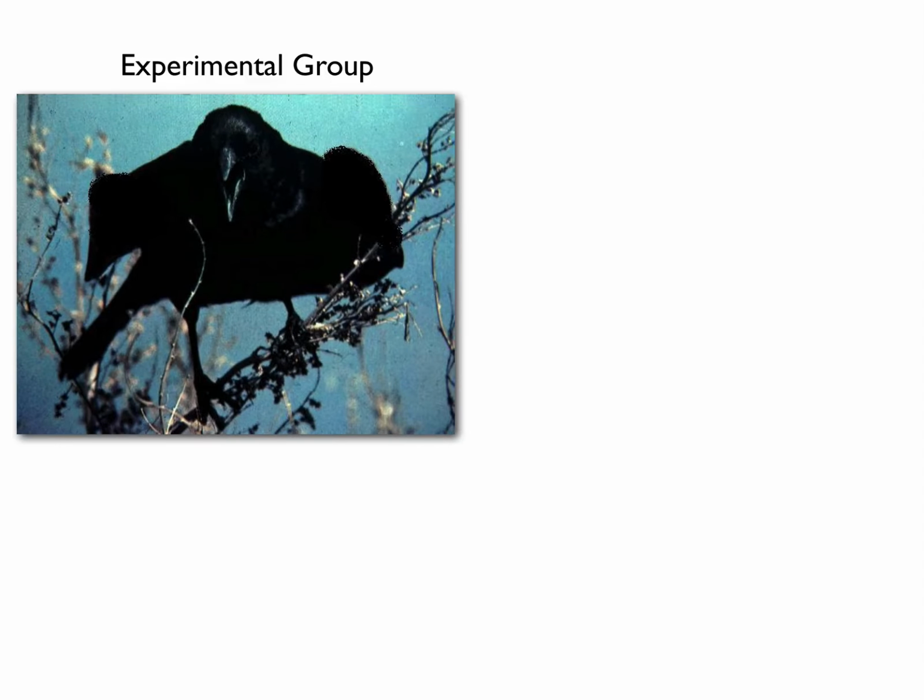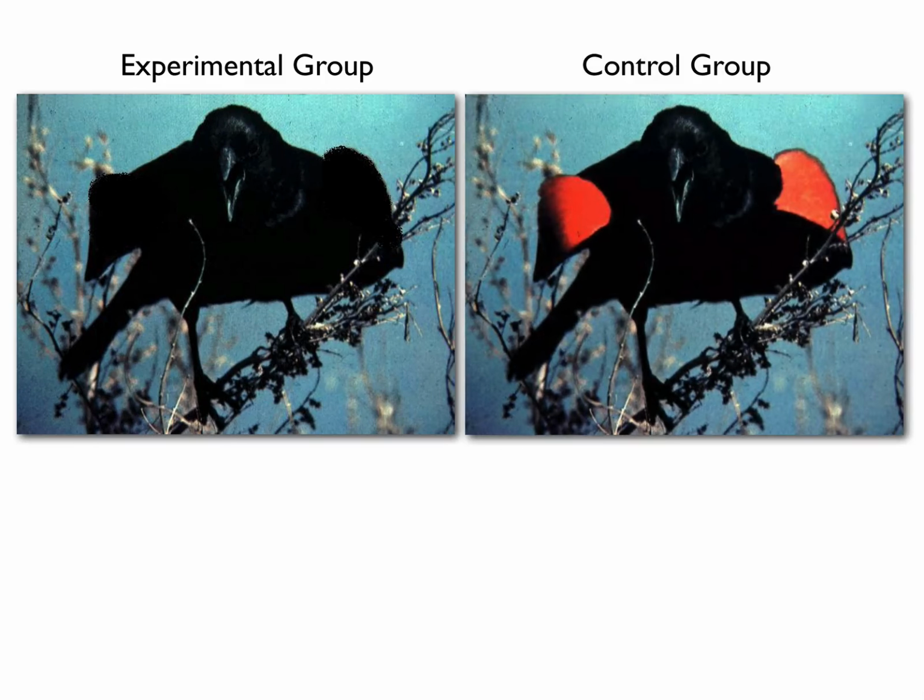And then, of course, he had a control group. He also captured these birds just to control for the fact that there was capturing going on. But he painted them with a clear dye so the red shone through perfectly. And then he releases them back onto their respective territories, and he looks to see if there was a difference in terms of whether they were able to keep their territories.